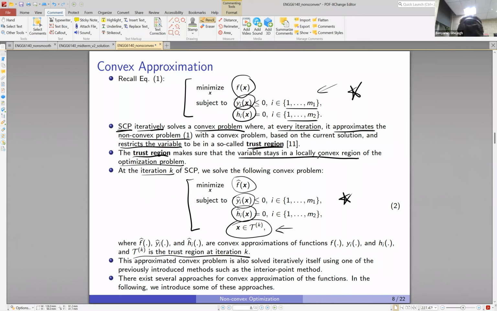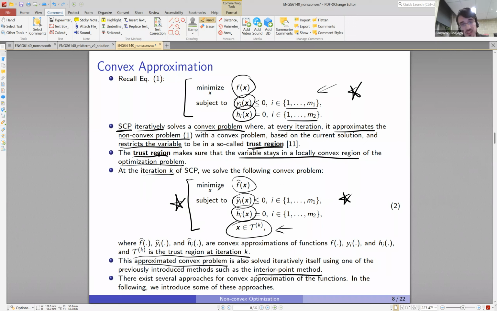This approximated convex problem, which is equation 2 here, is also solved iteratively itself, using one of the previously introduced methods, such as the interior point method. So we can use any of the optimization methods which we introduced so far to solve equation 2.